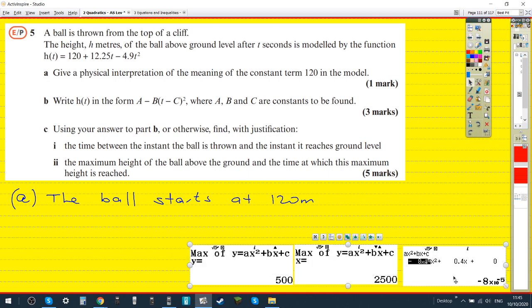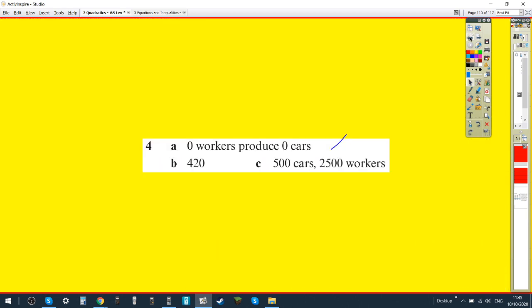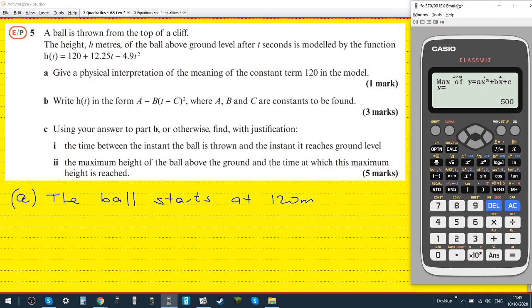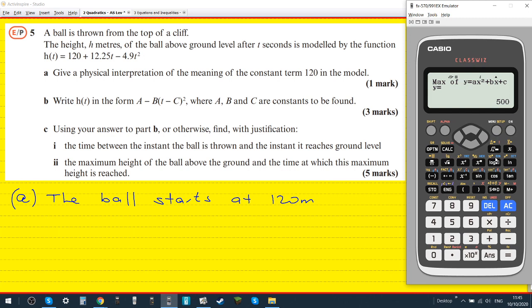So it'd be minus 4.9 and then 12.25 and then 120, which would be x1 is 6.35 to 2 decimal places, and x2 is minus 3.85 to 2 decimal places.